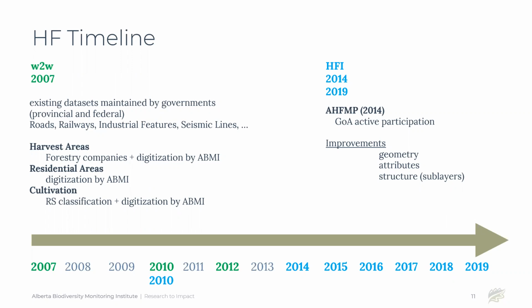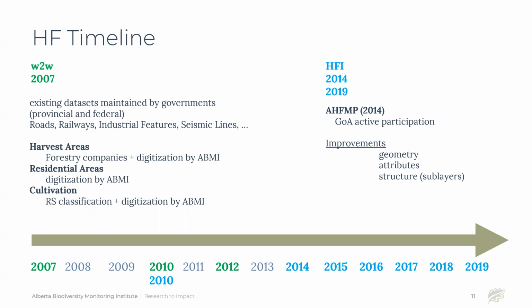In 2014, however, ABMI made a decision to improve standards of wall-to-wall data sets significantly. And those major improvements focused on three areas: geometry improvements, so spatial component, attribution, so that thematic component, and structure itself. So we went to individual sub-layer structure at that moment.